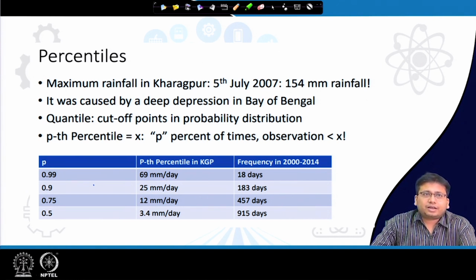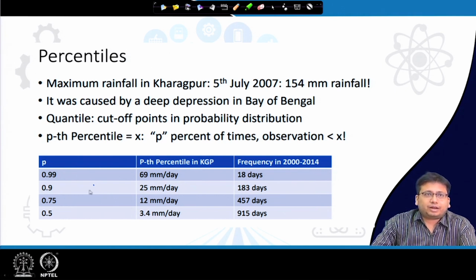In other words, if you choose any day at random out of those 1830 days, there is only 0.01 probability that the rainfall on that day will exceed 69 millimeters. Its actual frequency out of those 1830 days is 18 days. So, as you can understand, roughly 1 by 100.